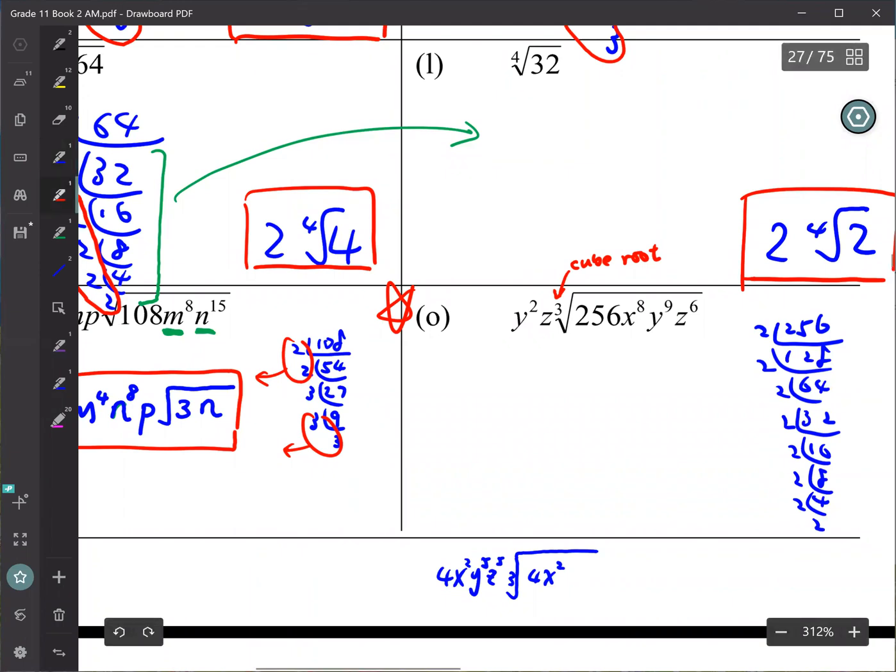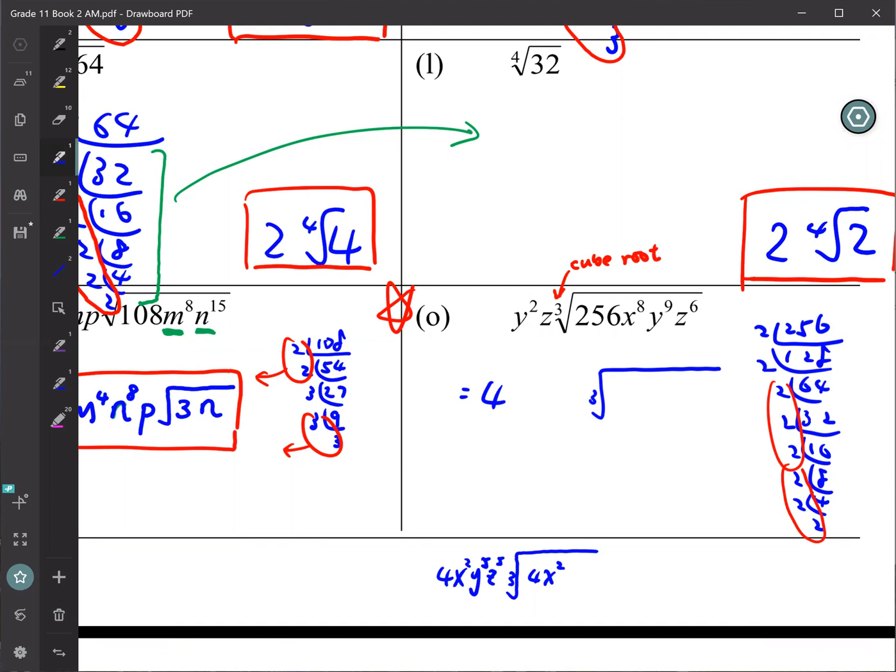Triplets. So 1, 2, right? 2 groups of 2, so that makes the 4 on the outside. And then at the same time, you can write down whatever is left over, right? So you have a leftover of 2 times 2, so that's a 4 on the inside. So far good.